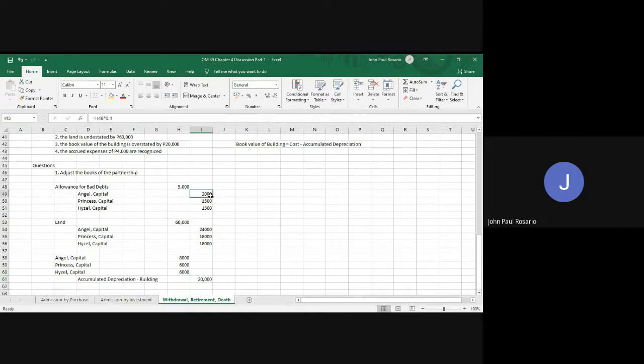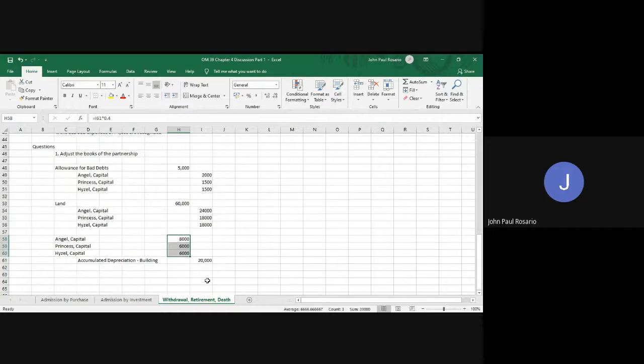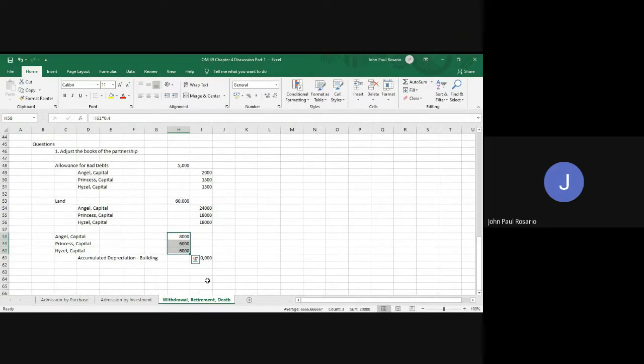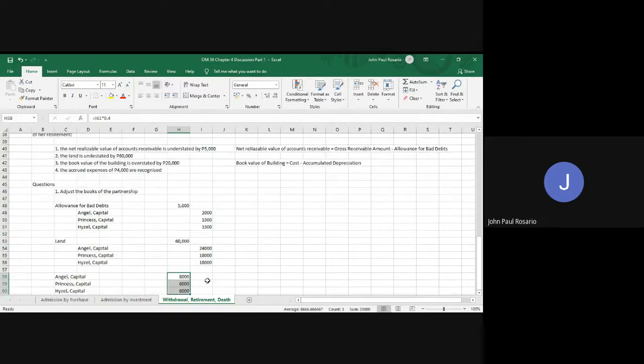As you can see, the entries should be equal: the credits of 5,000 equal the debit of 5,000, the credits of 60,000 equal the 60,000 debit, and the debits of 20,000 equal the credit of 20,000. So we still maintain the balance of the dual entry system.